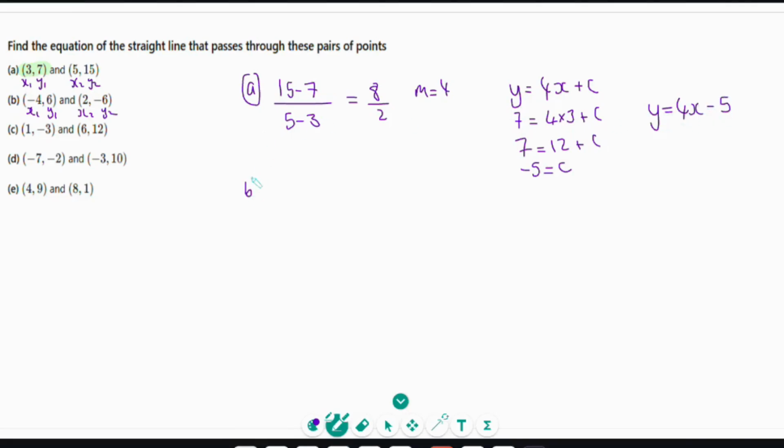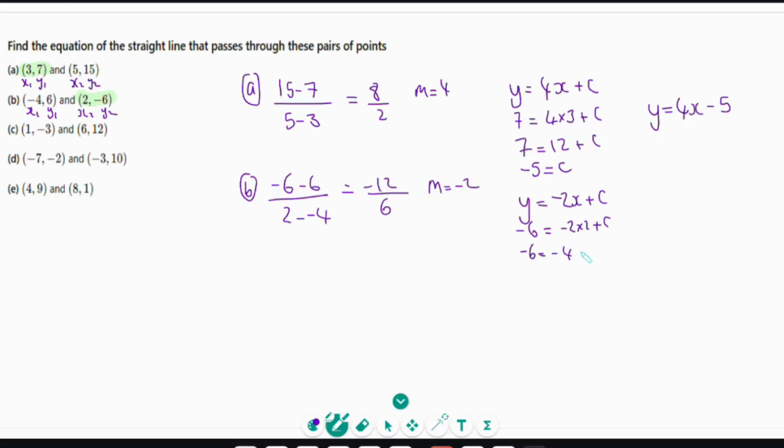Part B. I'll choose these ones. Add 4 to both sides.